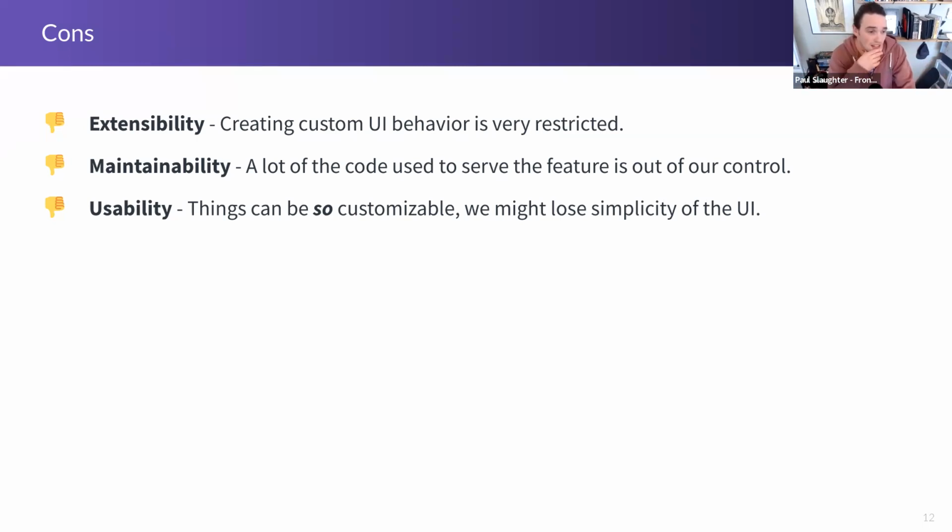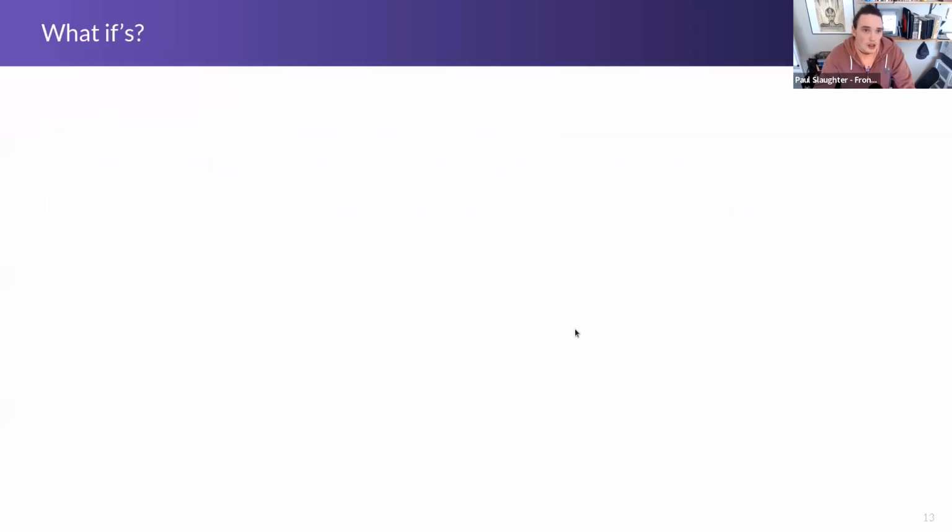So the fact that things are so customizable in this environment, it's possible that for users looking for just a simple interface, that could be lost. We could try to see what we can do to improve that, and I think there are some things we can do, but it's definitely not as under control.